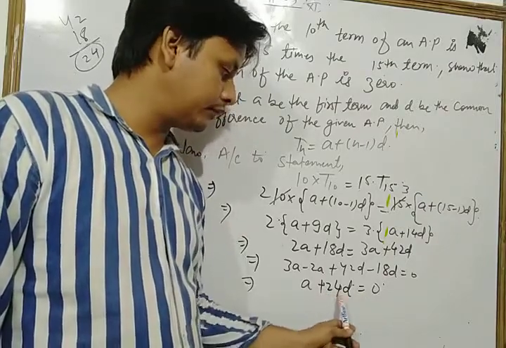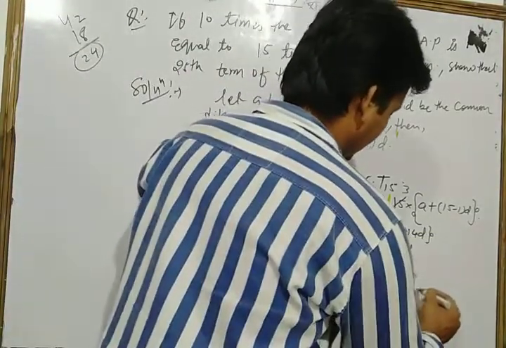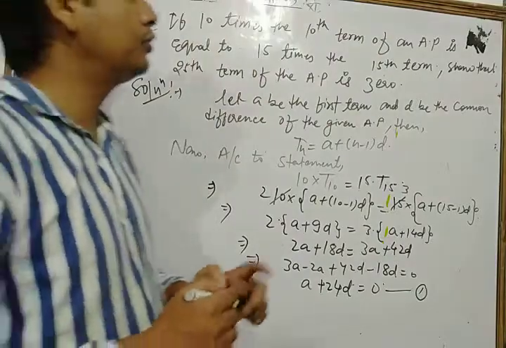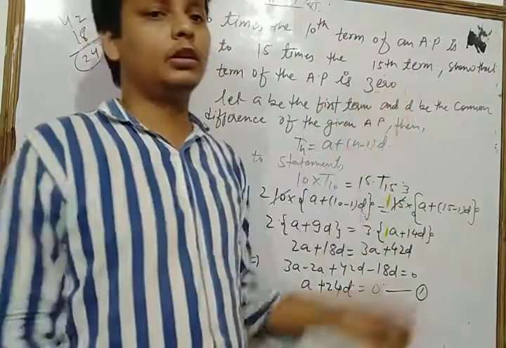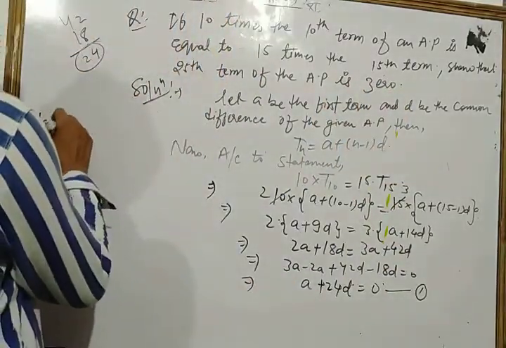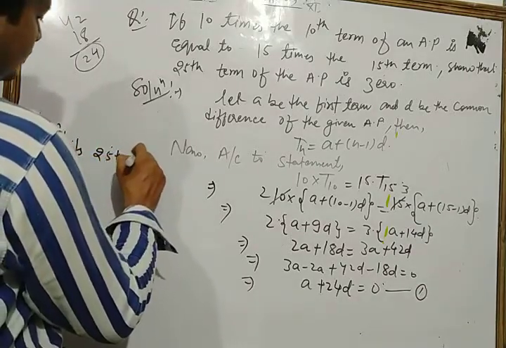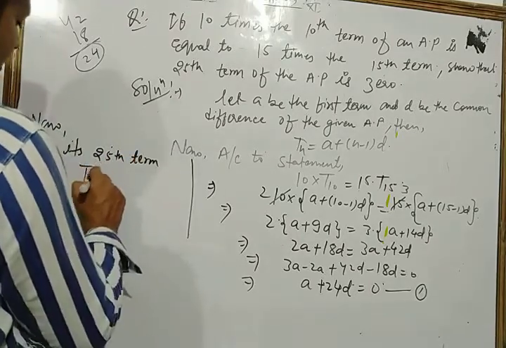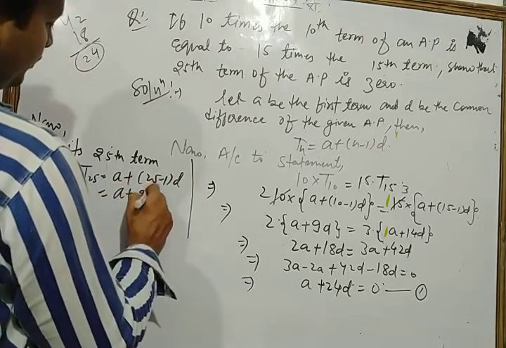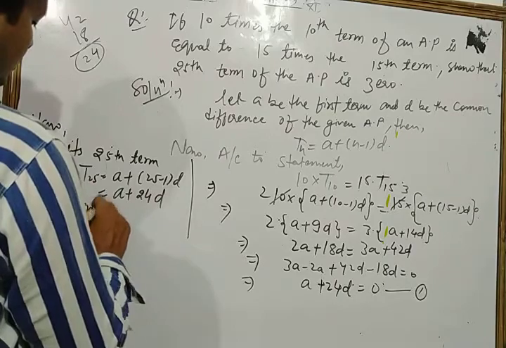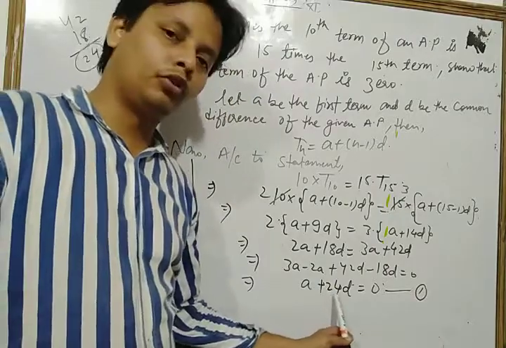Now here A plus 24D is what? We have to show that the 25th term is 0. Here we take this as equation 1. Its 25th term, T25, is equal to A plus 25 minus 1 into D, so A plus 24 into D. Using equation 1, we have A plus 24D is equal to 0.